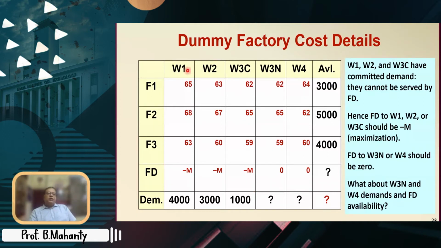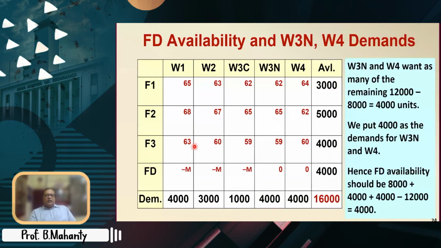So FD to W1, FD to W2 and FD to W3C are minus M, and 0 and 0 for the non-committed part. That is the cost details, and here are the demand and availability details.